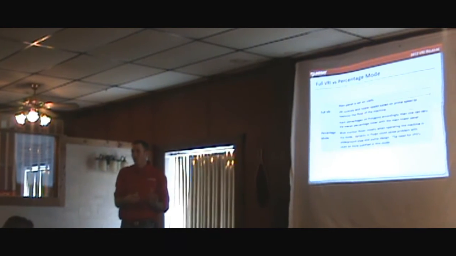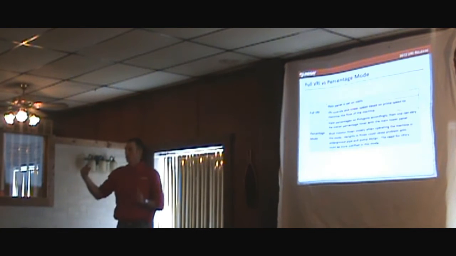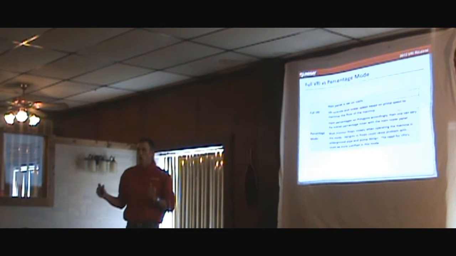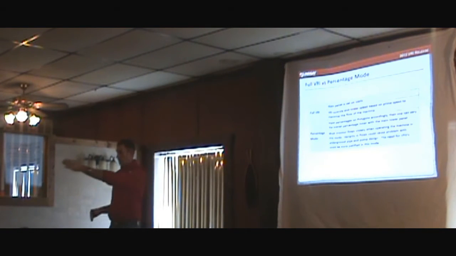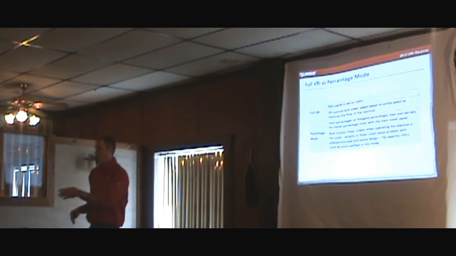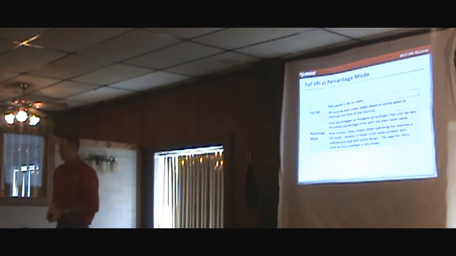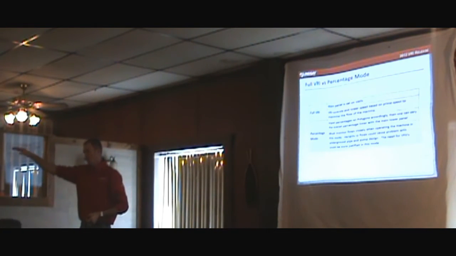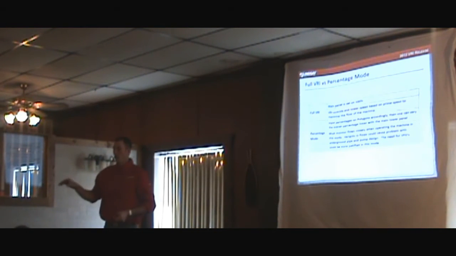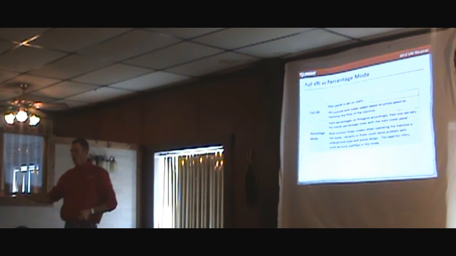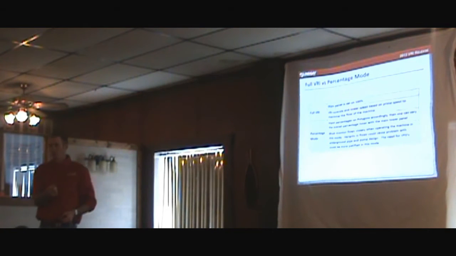Percentage mode will not control the travel speed of the pivot. All it's going to do is pulse your valves. When you're setting up your polygons, instead of saying I want an inch here, a half inch here, you're going to say 50%, 60%, 90%, whatever. That is a percentage of the application rate that you have at your pivot panel.